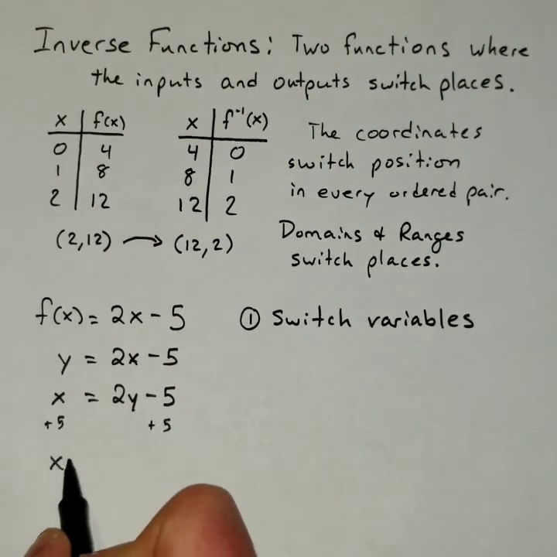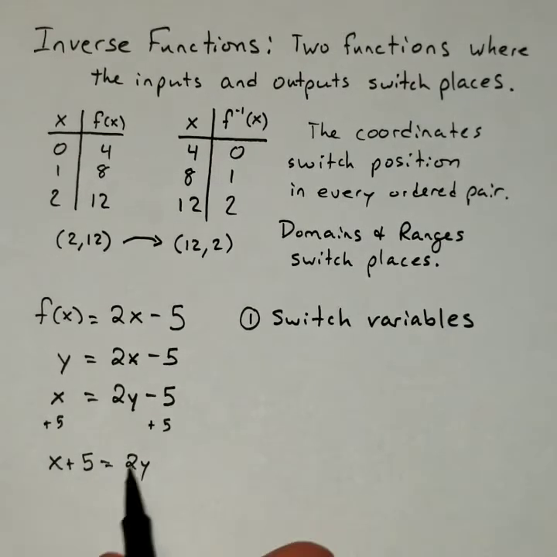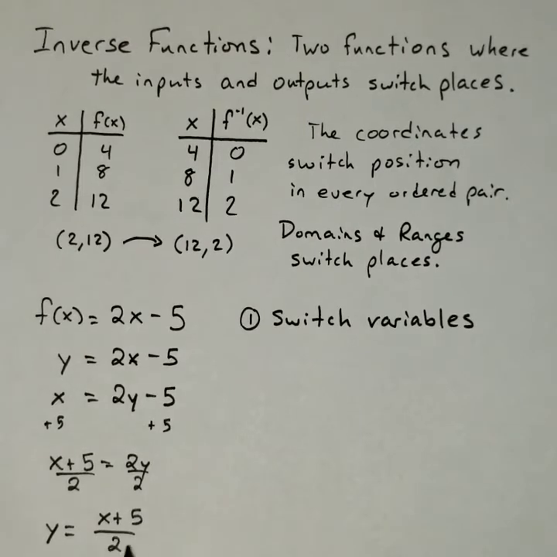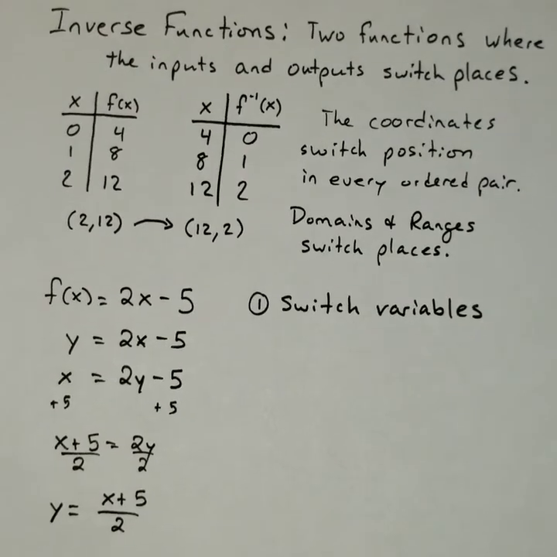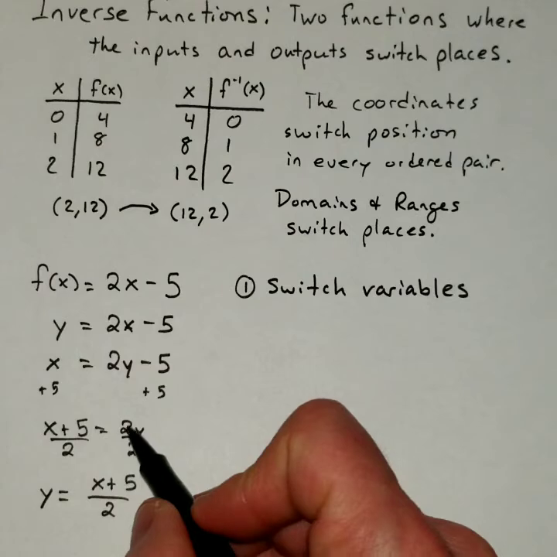So I get x plus 5 is equal to 2y. And then we divide both sides by 2. And we're going to be left with y equals (x plus 5) over 2. I switched sides of the equation. That shouldn't matter too much. Okay, so those 2's canceled.